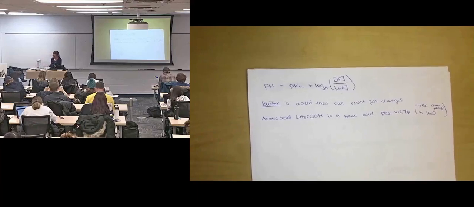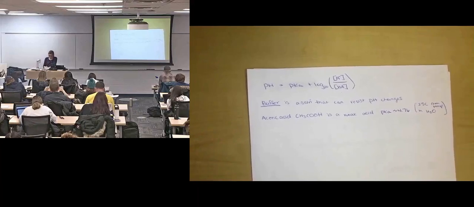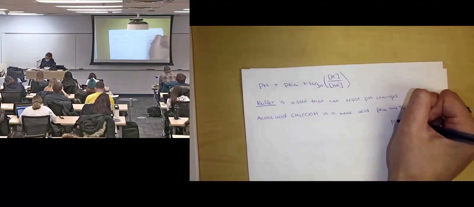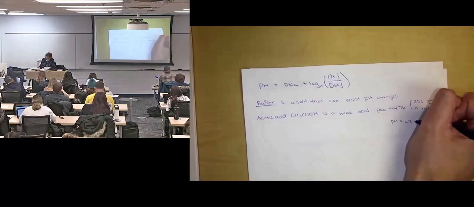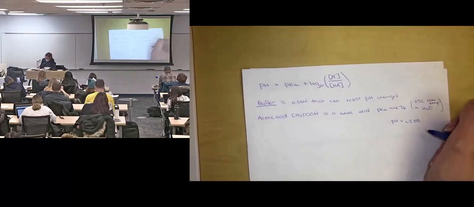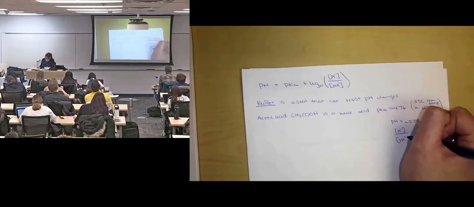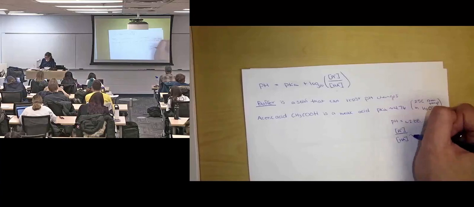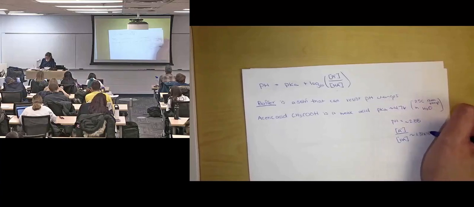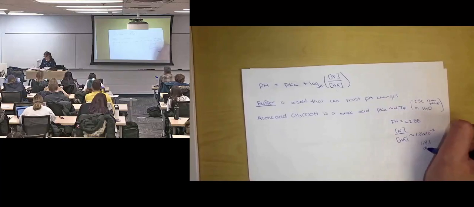This information would be given to you. Okay. And pH would be equal to about 2.88. And this ratio would be about 1.31 times 10 to the negative second, or about 1.3% dissociation.